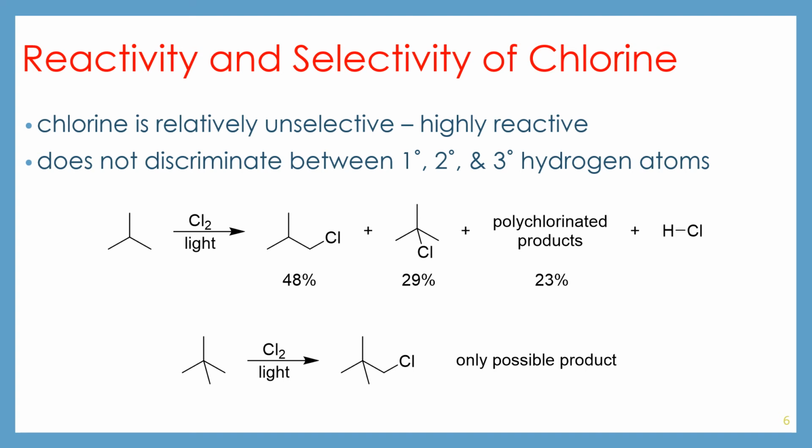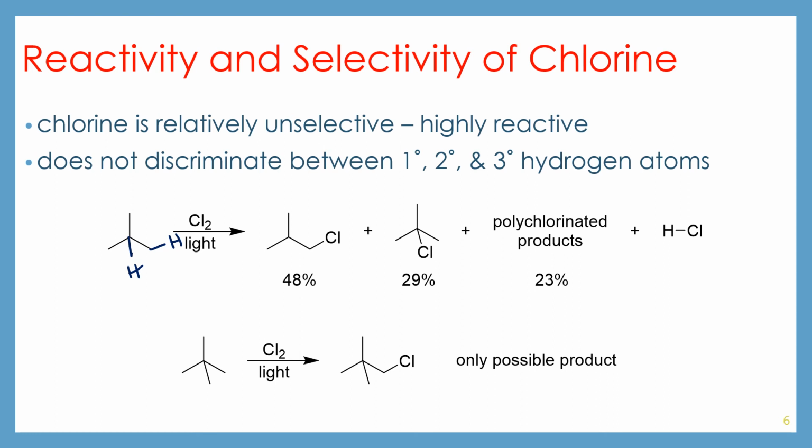So for example, if you react chlorine with 2-methylpropane, we have 2 different sources of hydrogen, and chlorine is happy to abstract either and create a whole mess of products. Notice that due to the fact that there are so many more of the methyl groups, even though the primary radical that would be formed on the methyl groups would be less stable, it forms pretty readily because of how many of them there are.